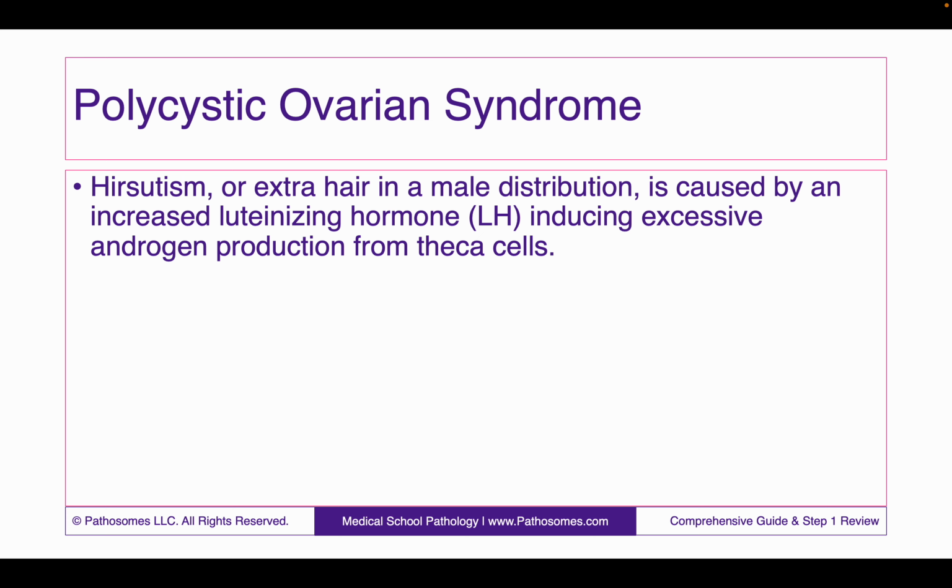Hirsutism, right? The little hair, little mustache, little peach fuzz. Hirsutism, or extra hair, in a male distribution is caused by an increased luteinizing hormone inducing excessive androgen production. From where? The theca cells.